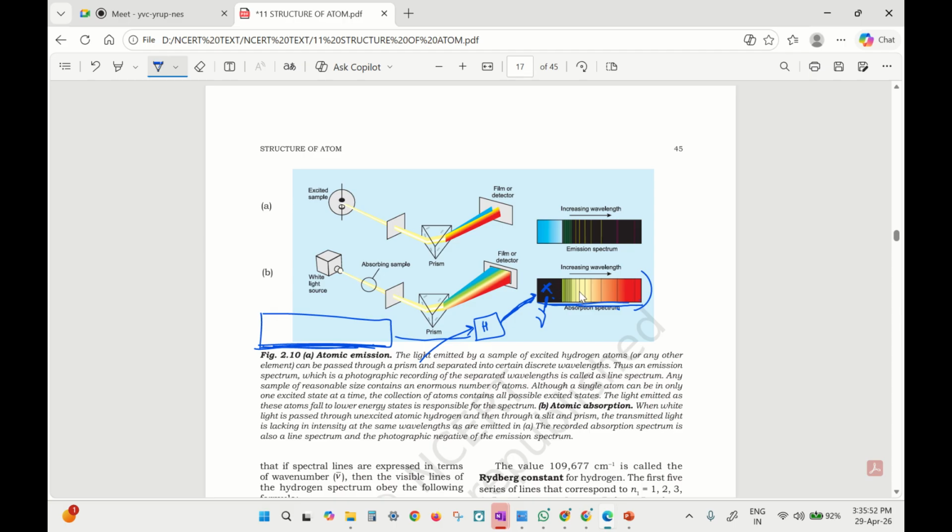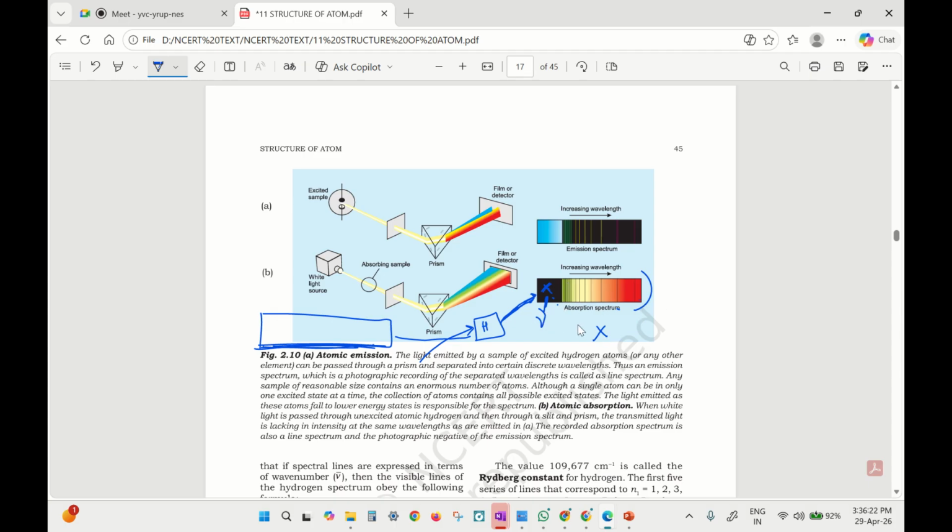Such a spectrum is not continuous because there were some absentees. Understood? This is said to be the absorption spectrum. But contrary to the name, absorption doesn't mean something got absorbed.